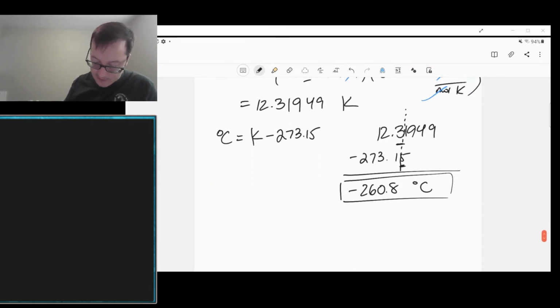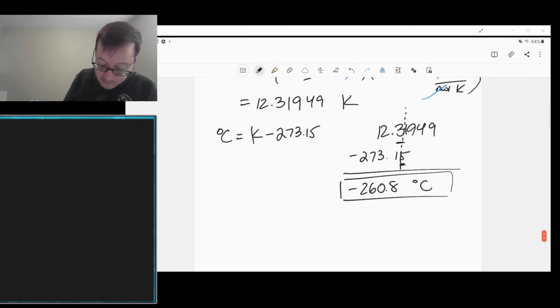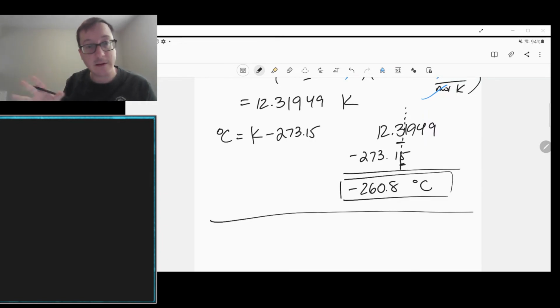Another way we can use the ideal gas law is to make comparisons. So the ideal gas law as written is for figuring out the fourth quantity when you know 3. But what about when things are changing?